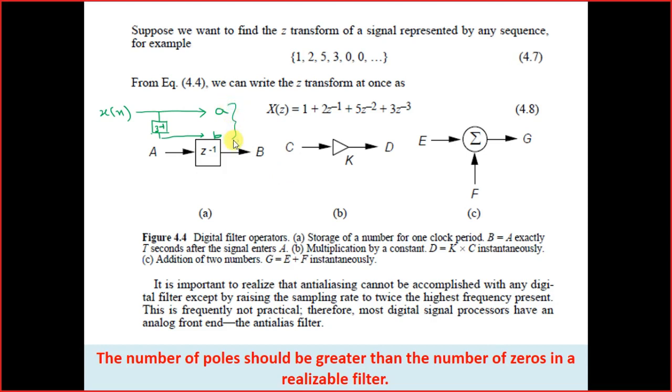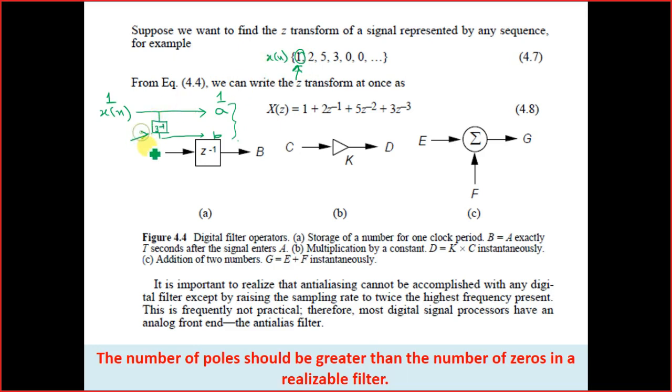So what I mean to say, for example, if I take this signal A, this signal xn, initially at the first instance I will give an input of 1. So at A I will immediately get 1. Previous to this signal component, what is there? There is nothing.